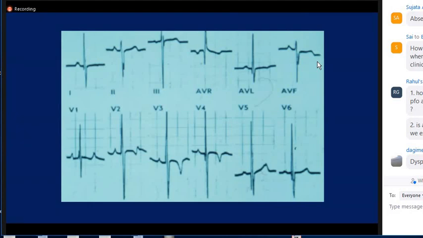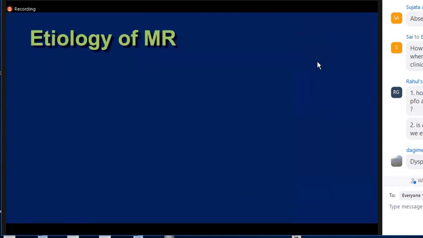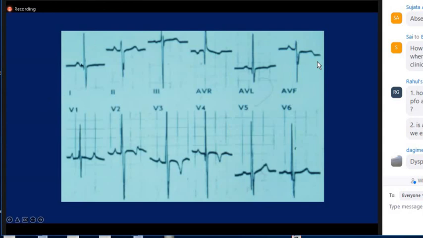Now, if you look at this particular 12-lead ECG, I always keep this ECG. I took it from Professor Savitri Srivastava ma'am, one of our senior-most pediatric cardiologists in the country, the mother of pediatric cardiology in our country. You can see sinus rhythm, normal P wave, normal PR interval, QRS axis is left axis deviation, and there is a right bundle RSR here, and LV forces are quite significantly seen.